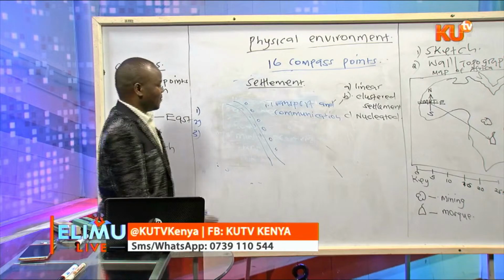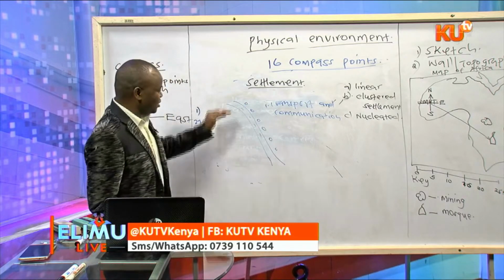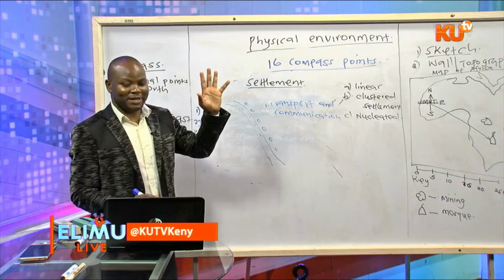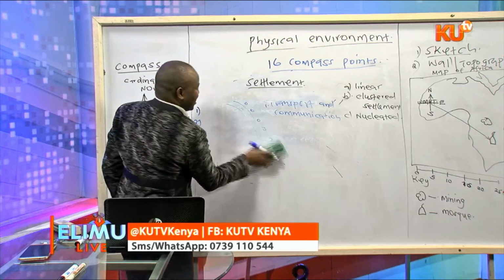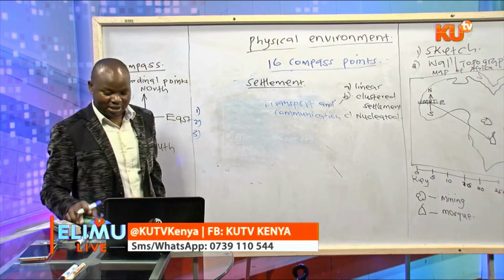This is the main factor that has influenced it, because people choose to live along that path. Then at times you'll find people settle around a center.